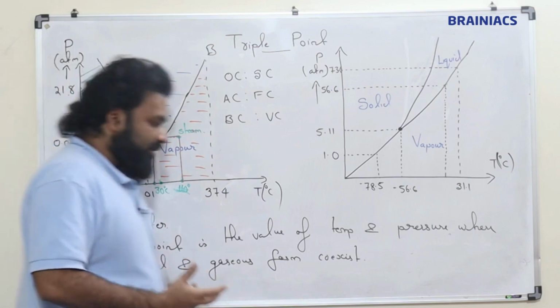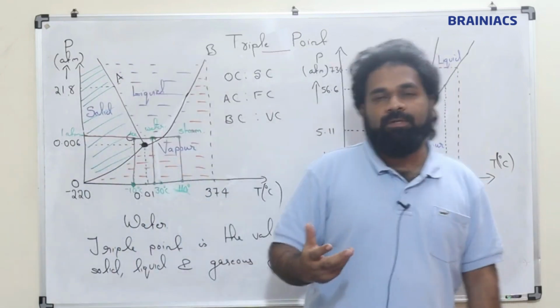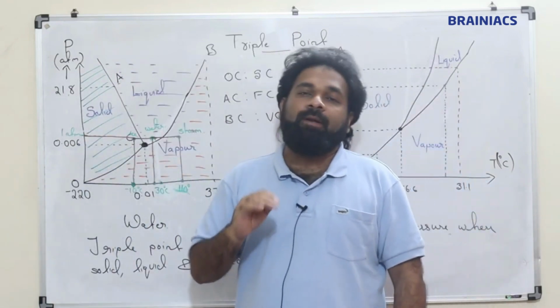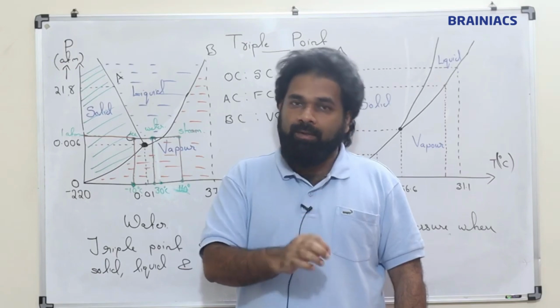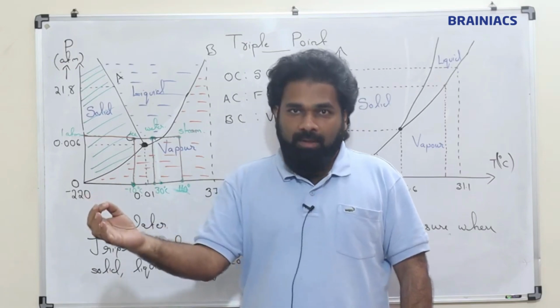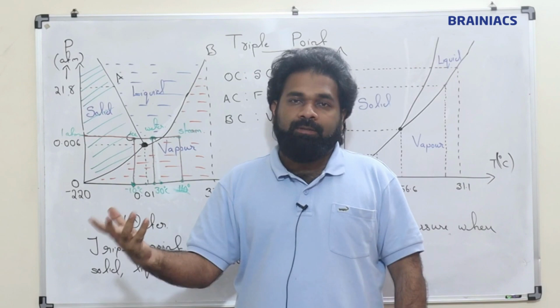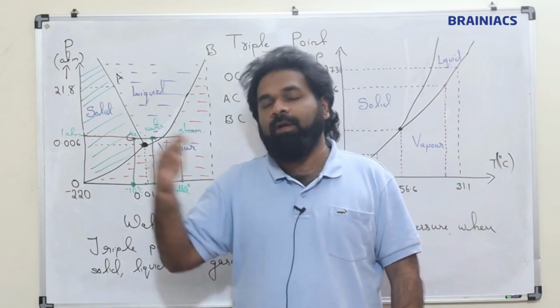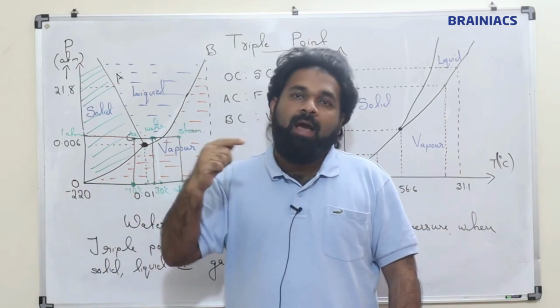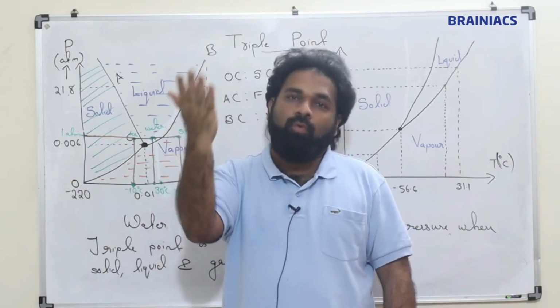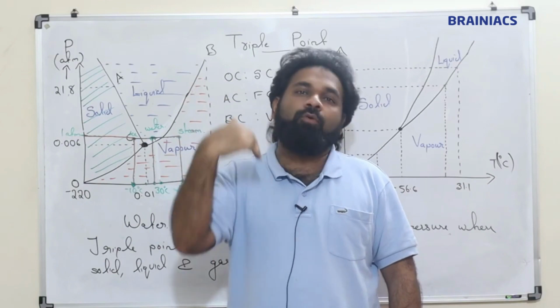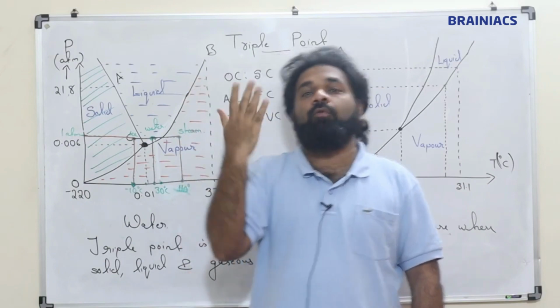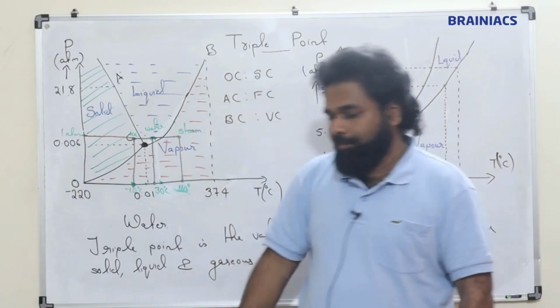Now what is sublimation? Sublimation is nothing but conversion of solid directly to gaseous form. Generally, ice will become water, which will become steam. But ice directly to steam or vapor form, that also happens, right?